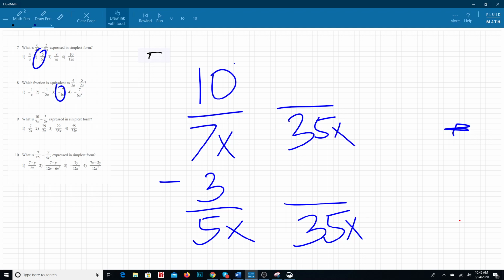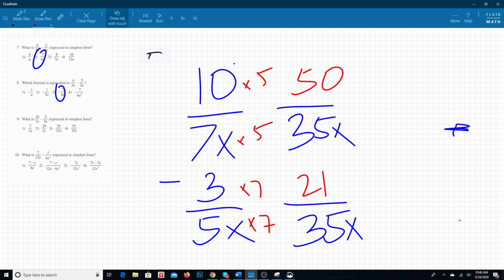Going to multiply this one by 7 by 5. Get 50 up top, 21 on the bottom.